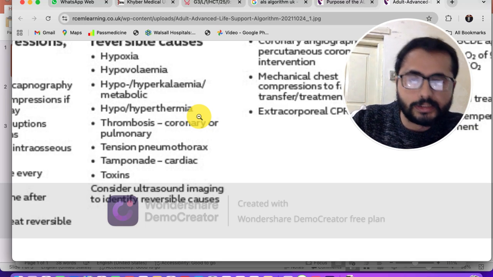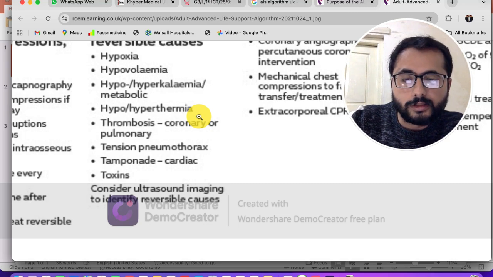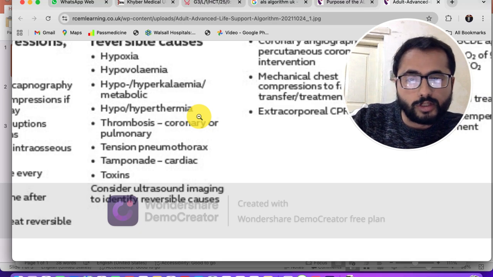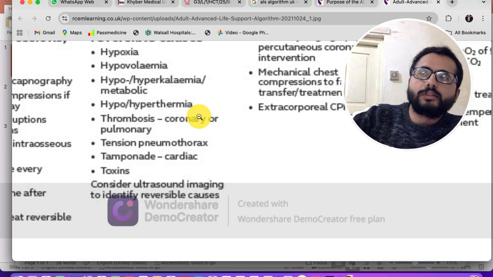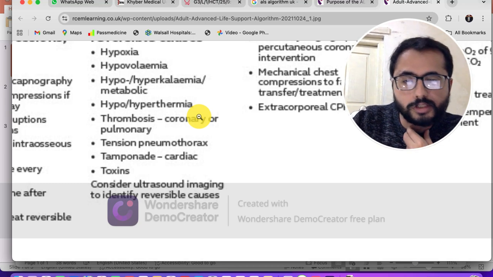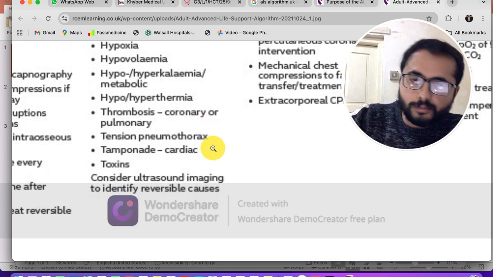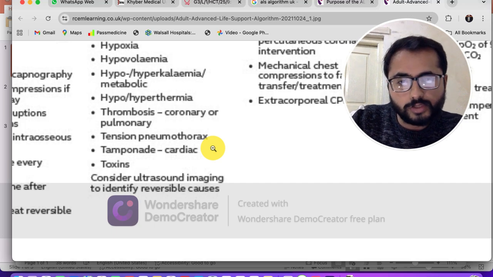So now skipping ahead, for tension pneumothorax, we are going to ask for bilateral air entry in both the lungs. So pneumothorax is going to be ruled out as well. And also when we are checking the trachea to be central, we can see if there is tension pneumothorax or not. Tamponade, again, is due to trauma. There is no history of any trauma to the chest.